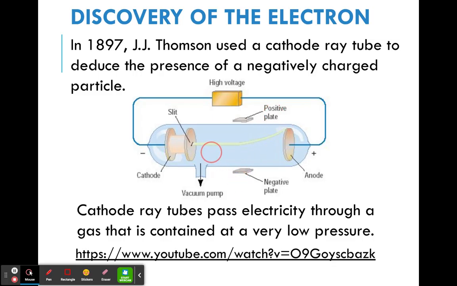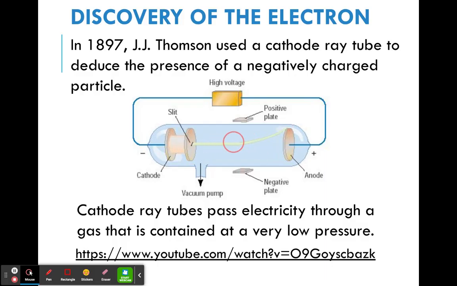Well, as we know today and as they knew then, same charges are going to repel, and opposites are going to attract. So this was being attracted to the positive plate. So the conclusion is that these must be negative in nature.